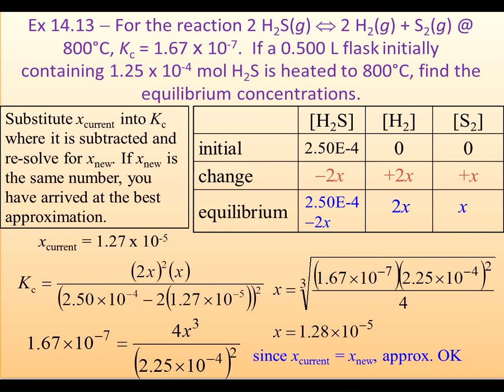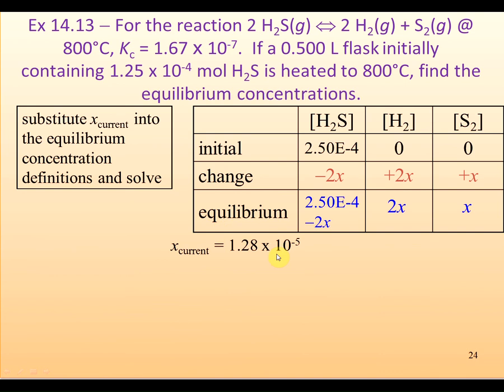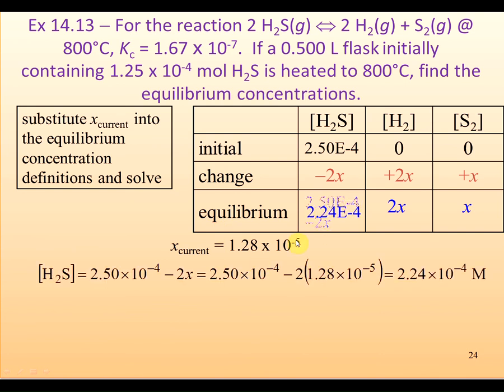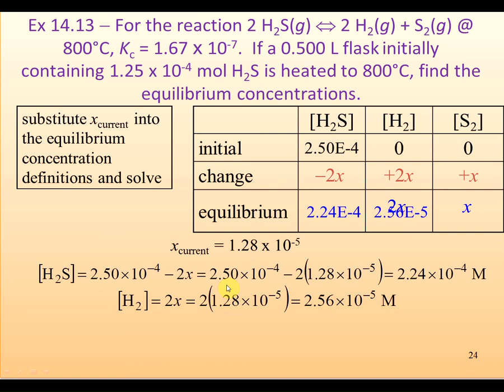So now that we've done the successive approximation so that we finally get x coming out to be the same number each time, we can substitute in to find our equilibrium concentrations of the hydrogen sulfide, the hydrogen, and the sulfur. We just simply substitute the x in to find the concentrations.